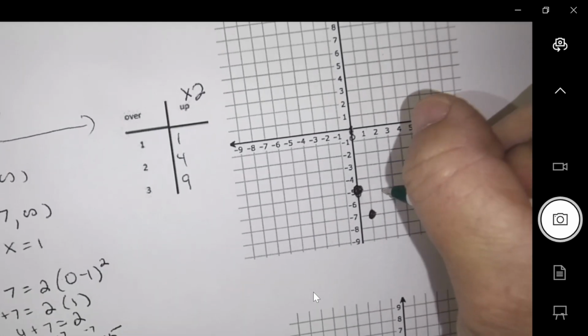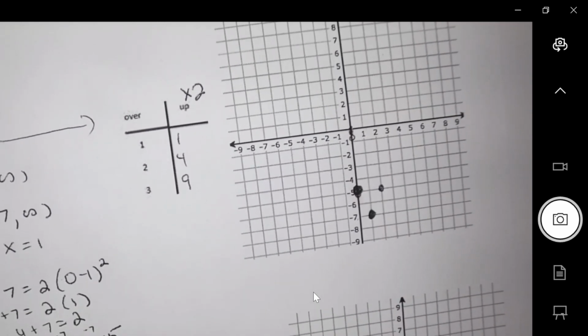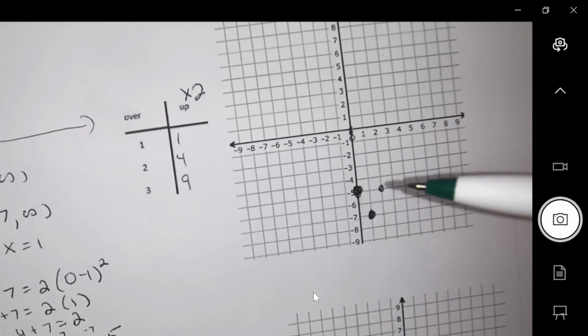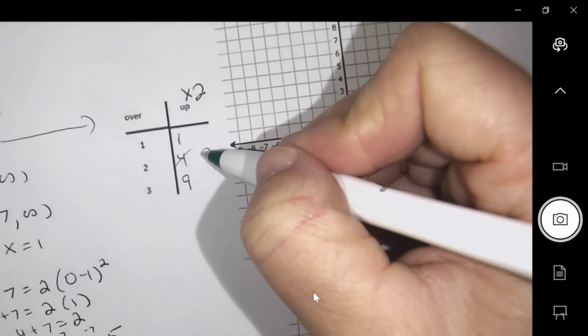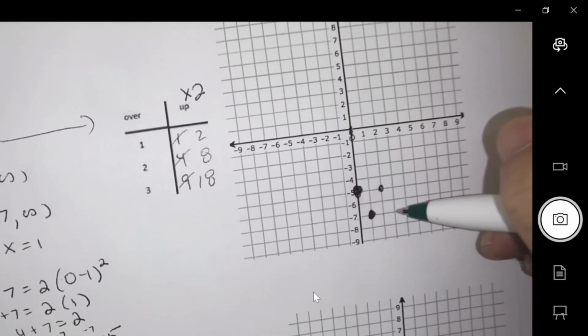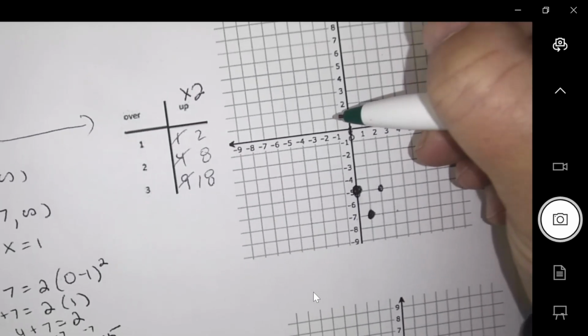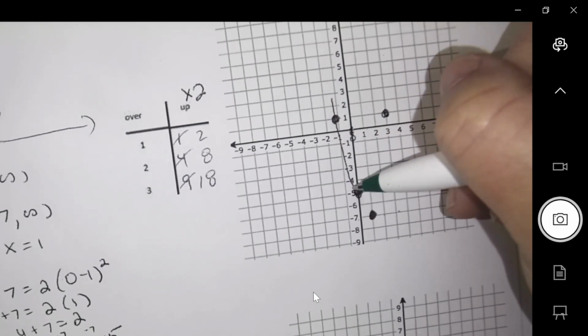So 1 over, 2 up. Ooh, guess what? We did that already. That's a match, so that's always satisfying when you see something like that. 2 over, 8 up. And that's good enough. We're not going to do the 18.